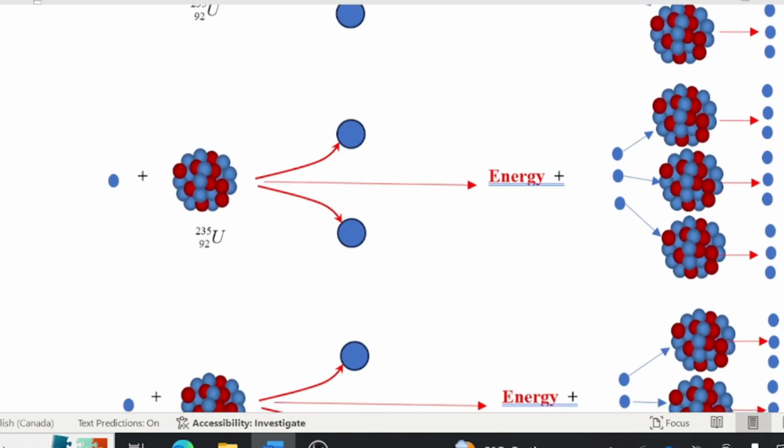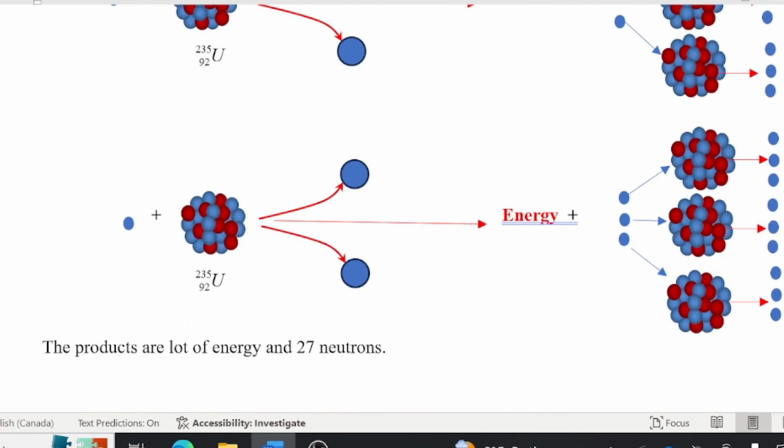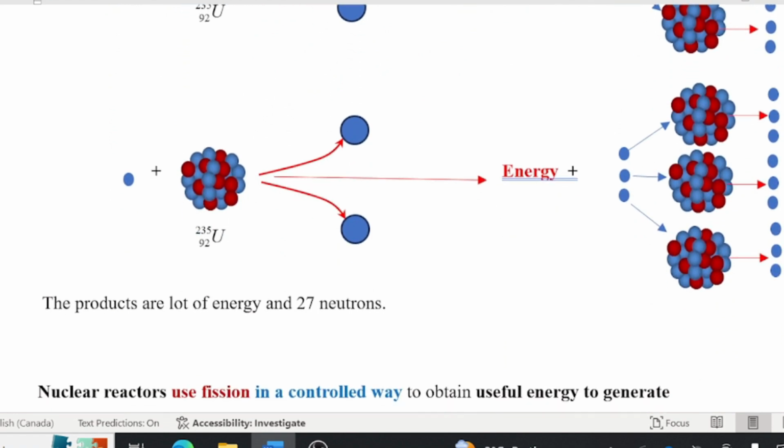So altogether, we will end up with 27 neutrons. And if these are allowed to be absorbed by other unreacted uranium-235 nuclei, then a big chain reaction can happen and produce a tremendous amount of energy.